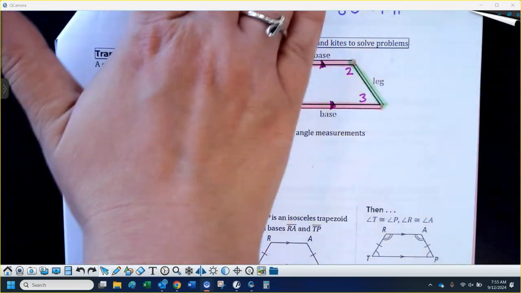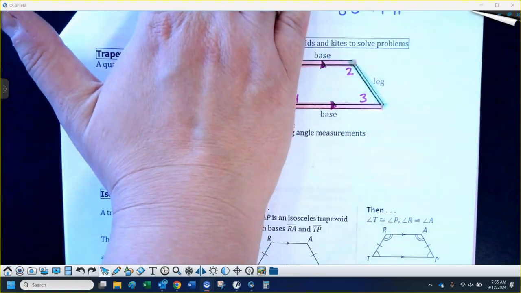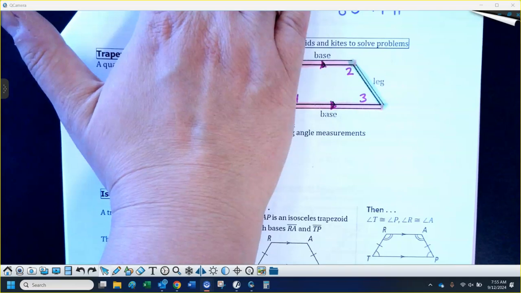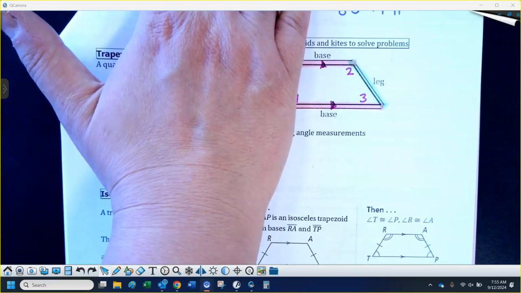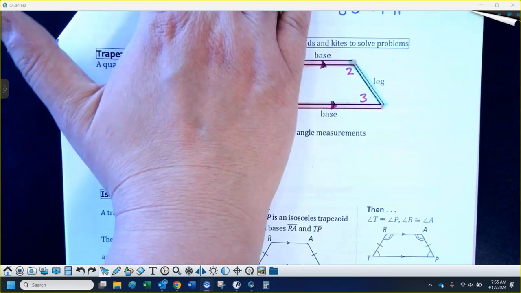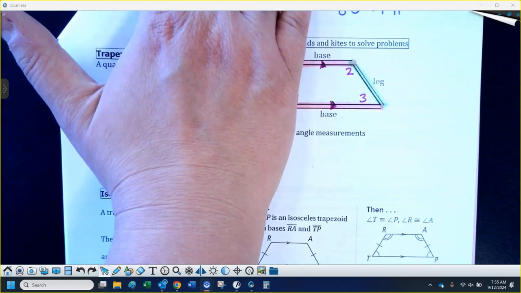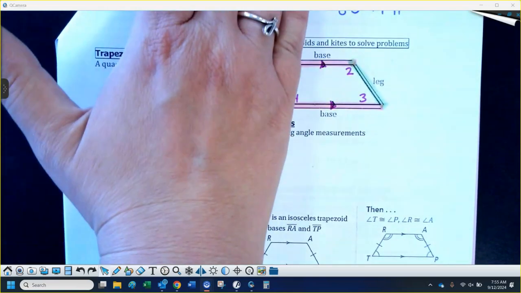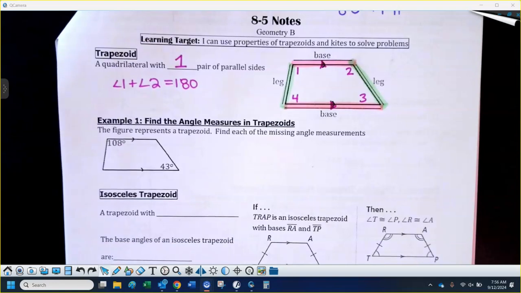Same question. I have parallel lines. What could you tell me about angles 2 and 3? Are they the same? What would you say about 2 and 3? Okay, that's okay.